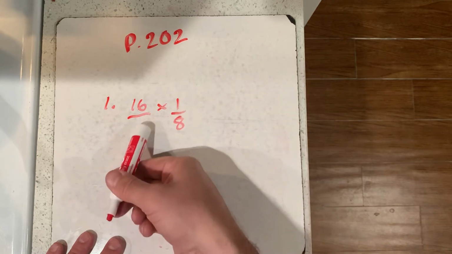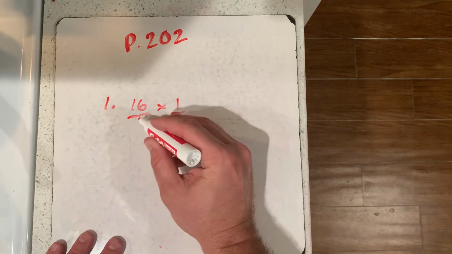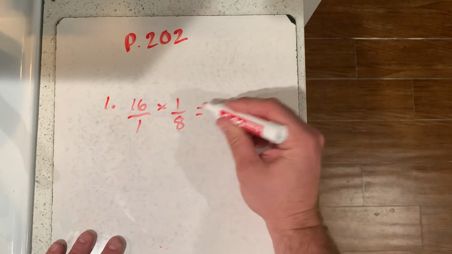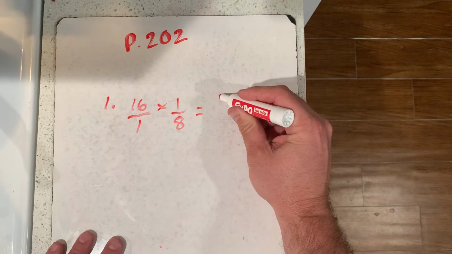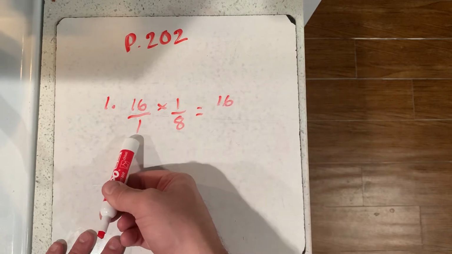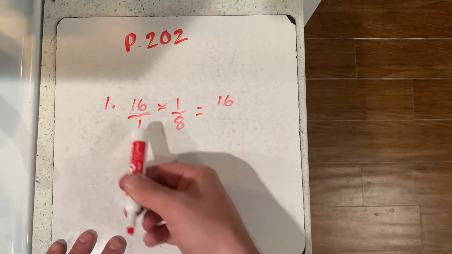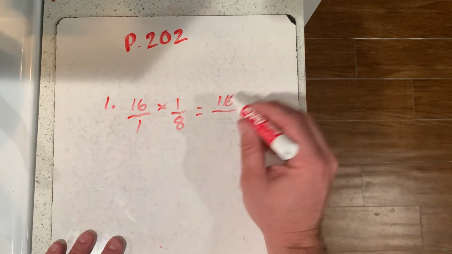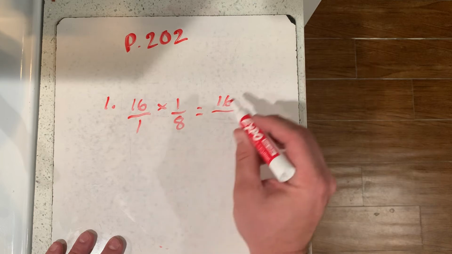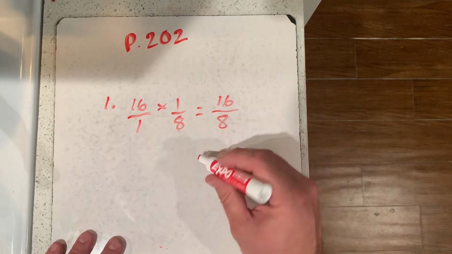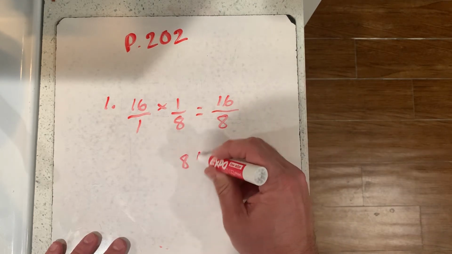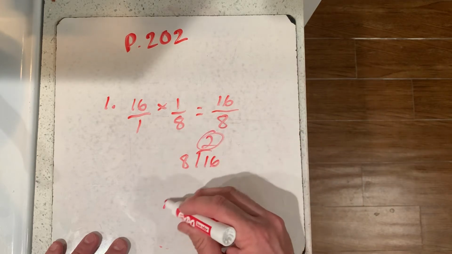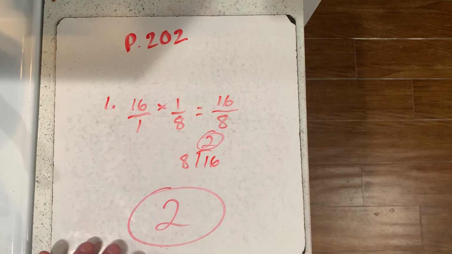You see I already jumped ahead: 16, you put the denominator of 1 under it. Step 1 is put the denominator of 1, and step 2 is multiply. 16 times 1 is 16, and 1 times 8 is 8. And we divide, so 8 goes into 16. We all should know that's 2 times, so the answer is 2 on number 1.